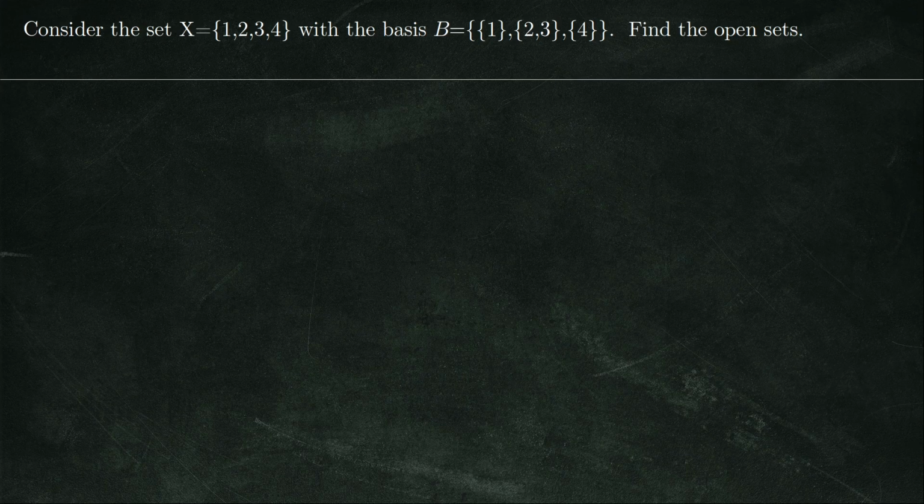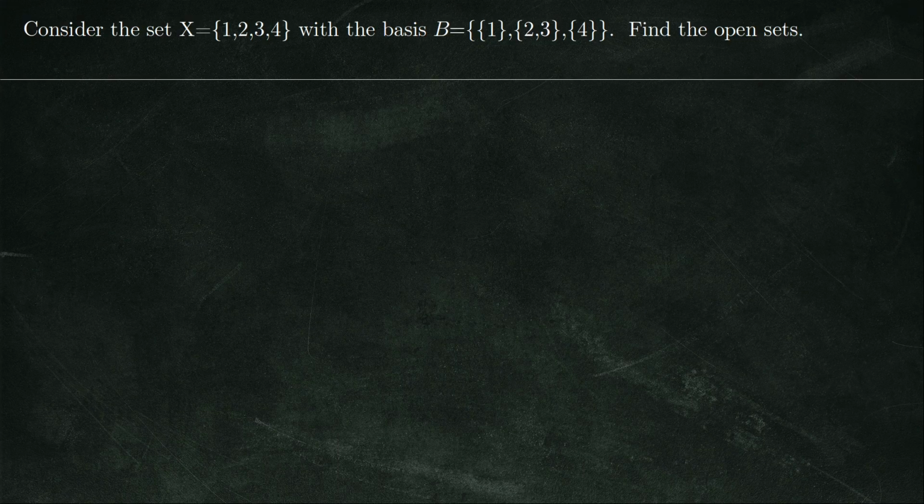So for our next example, we've got a set X that has the elements 1, 2, 3, 4, and you're given the basis, and you're asked to find all the open sets, so find the topology. And this is quite a useful way of specifying a topology. It's easier to specify the basis and then say, well, the topology is that which you can form just by taking all the different unions of the elements in the basis.